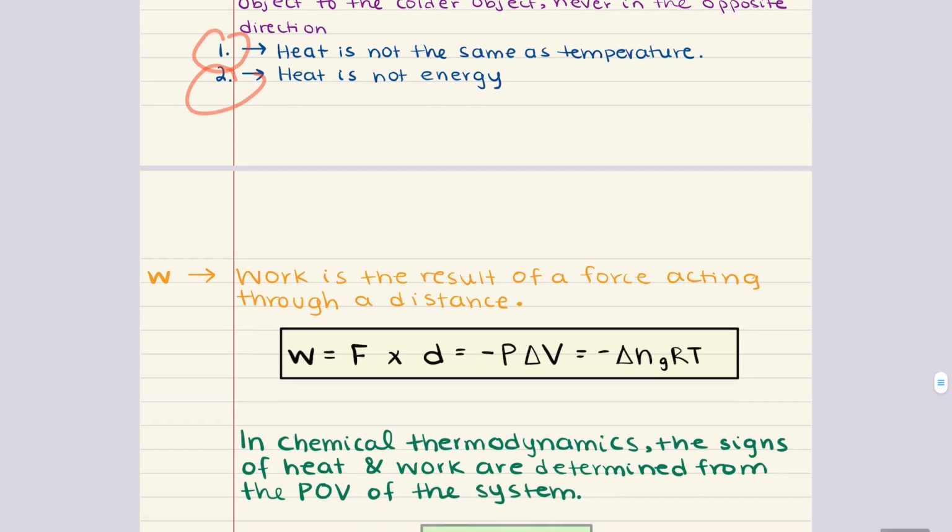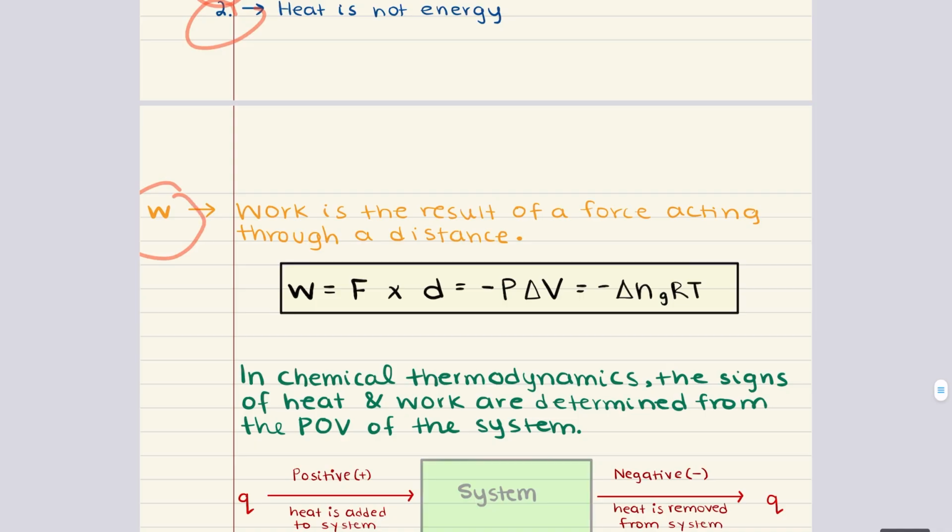The other mechanism is work, which is symbolized with a lowercase w. Work is energy transfer that occurs when a force causes an object to move. We define it in the following way. Work is equal to force times distance.